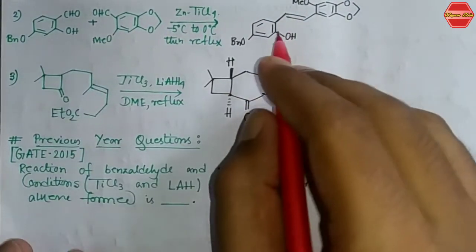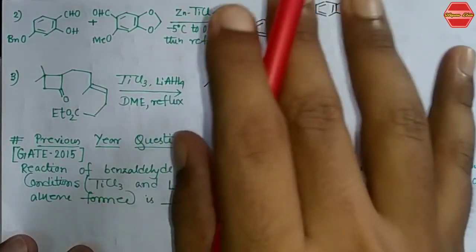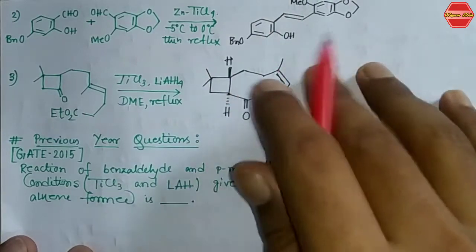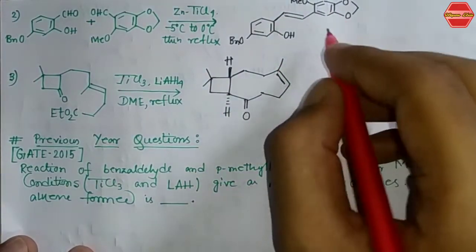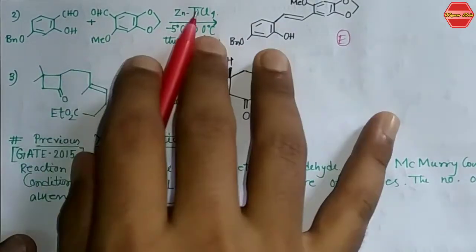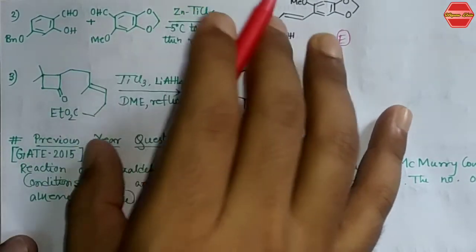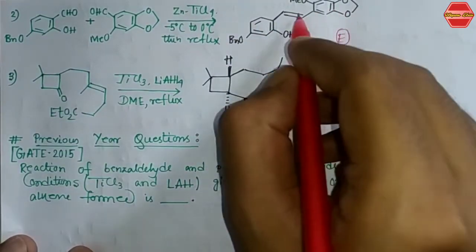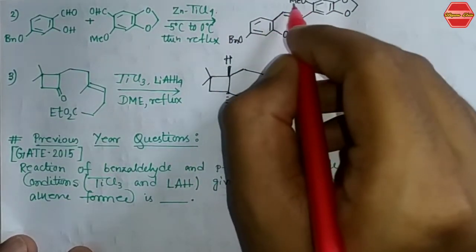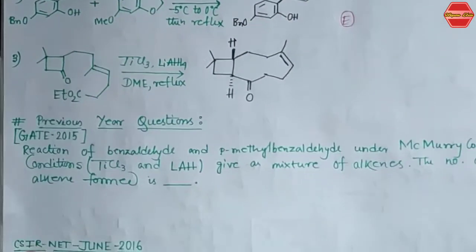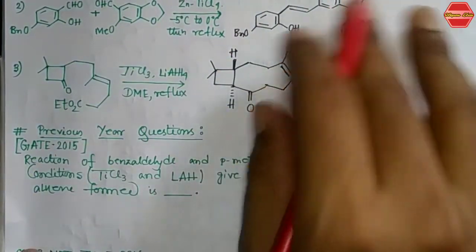It is believed this reaction is not very stereospecific and not stereoselective, but in some cases the E-alkene is observed to form in a major way. The same thing is happening here with the intermolecular McMurry coupling: E-alkene formation takes place. These two aldehydes couple to each other, and you get this final alkene, the E isomer.